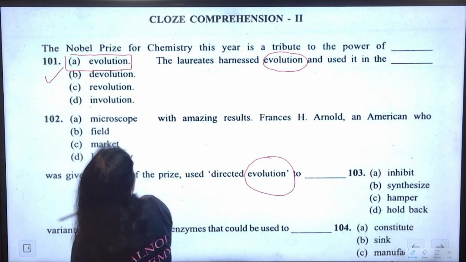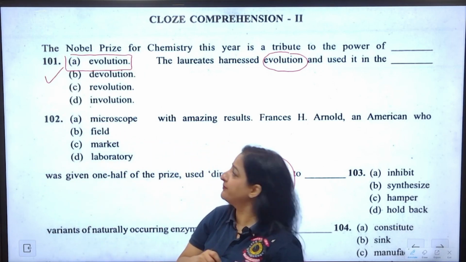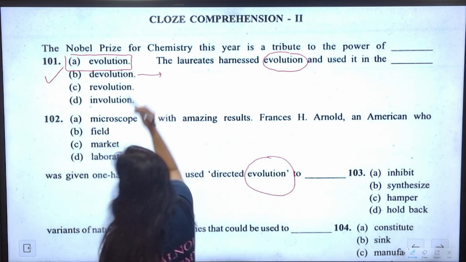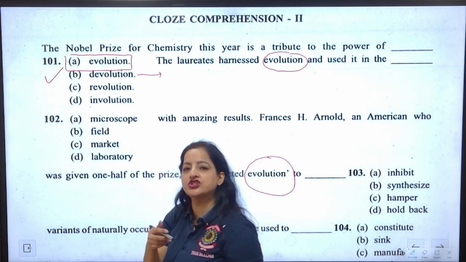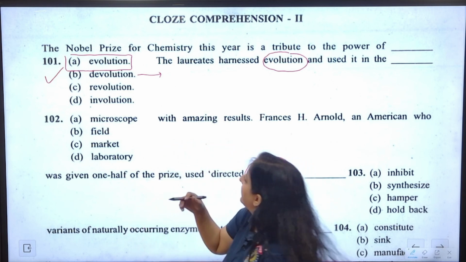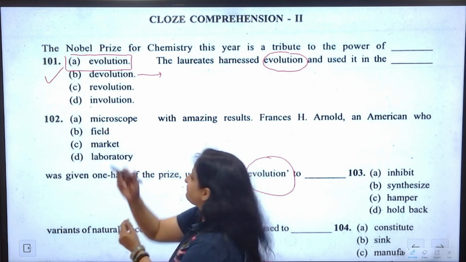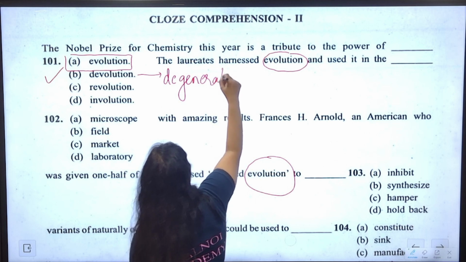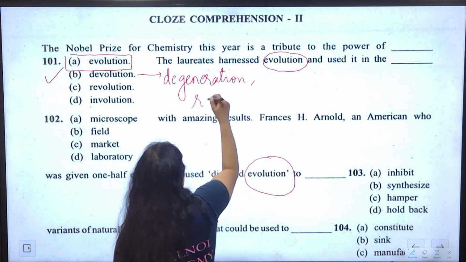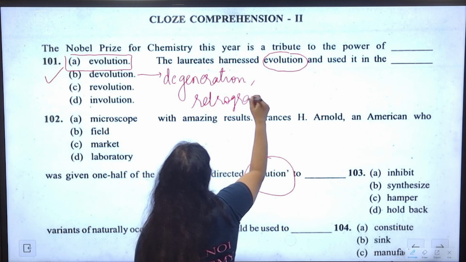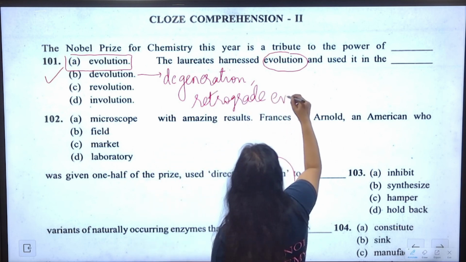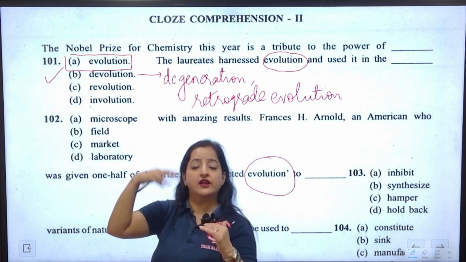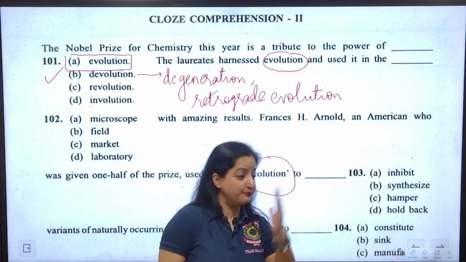इसी के लिए प्राइज मिला है उसको. The power of evolution. Now, you know what's the meaning of devolution? I'll give it to you. Devolution is degeneration, retrograde evolution. Yeah, so it's just the antonym of evolution. इवॉल्व में कोई तरक्की होती है, डिवॉल्व में पीछे को जाते हो आप.